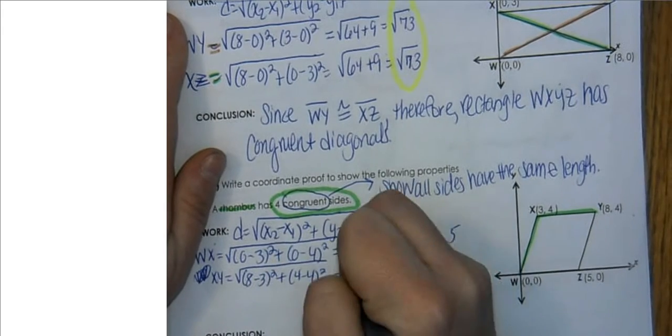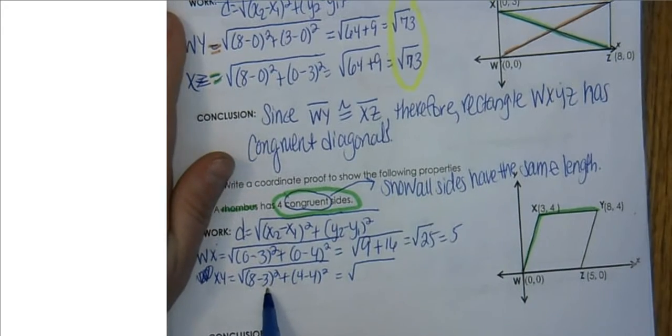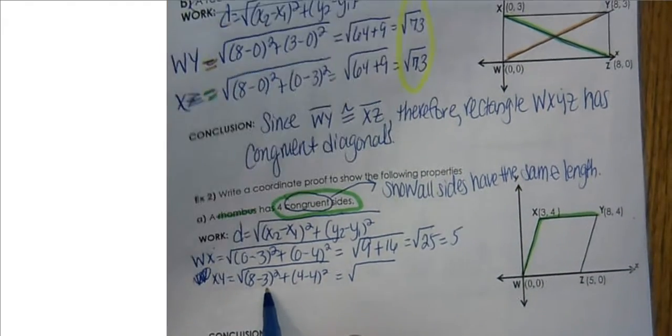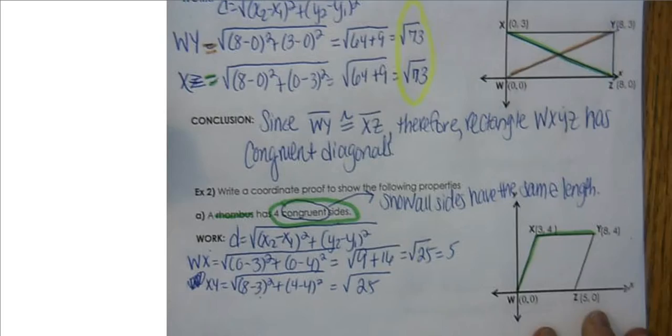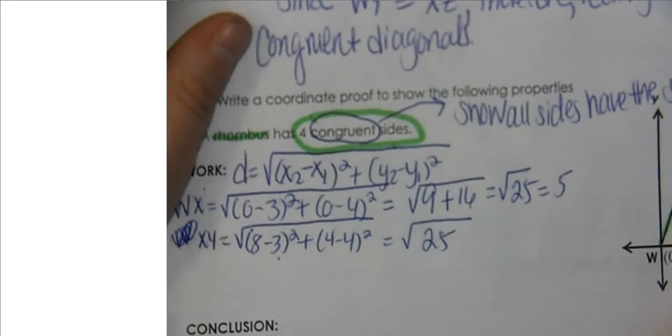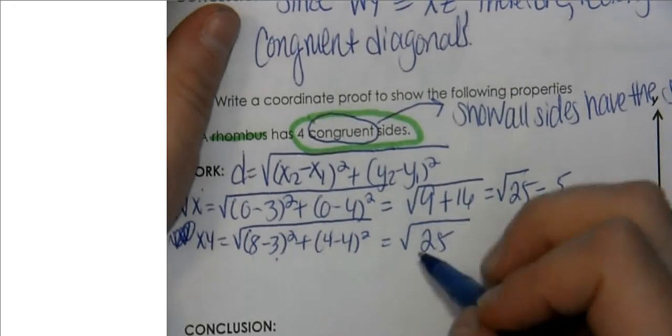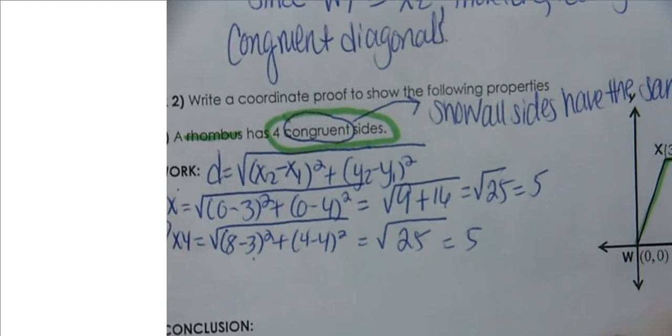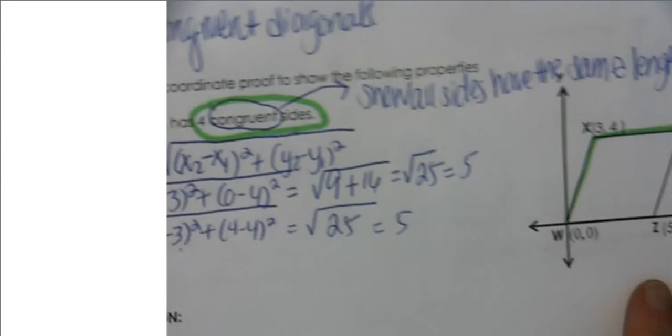So that is equal to the square root of 8 minus 3, which is 5. 5 squared is 25. 4 minus 4 is 0. And I don't need to write it down because I know that 0 plus 25 is 25, and the square root of 25 is 5. Cool. So now I'm on to my next side.